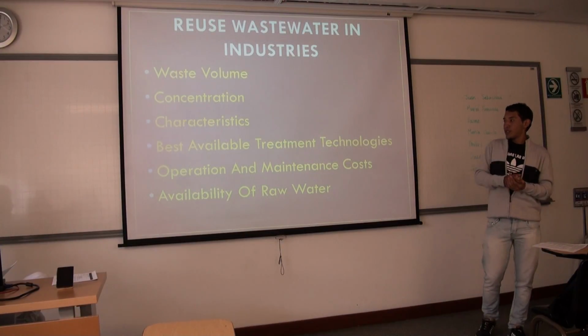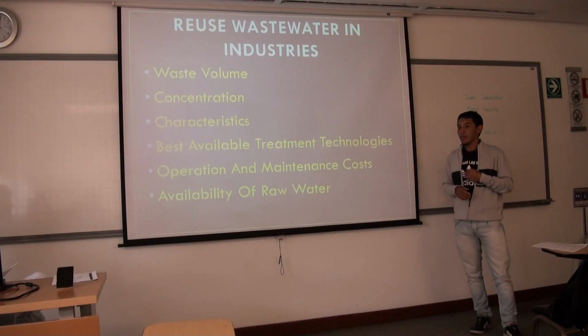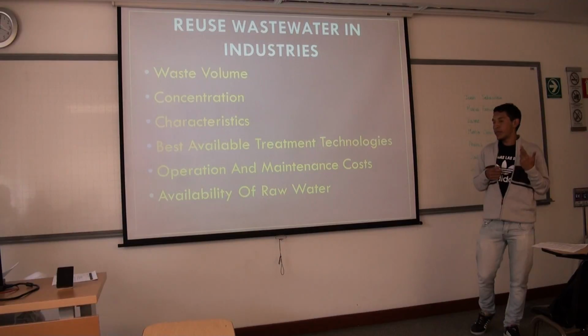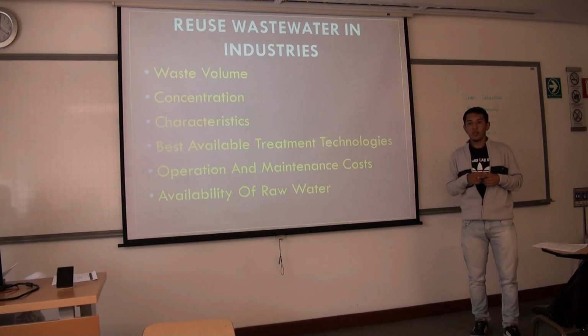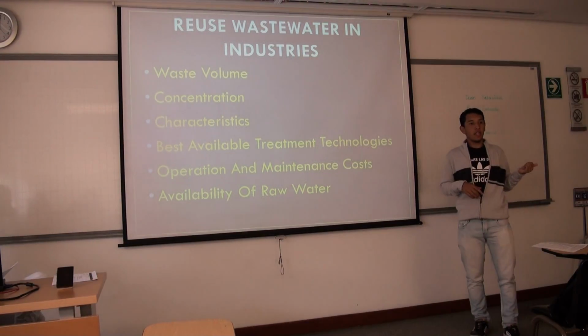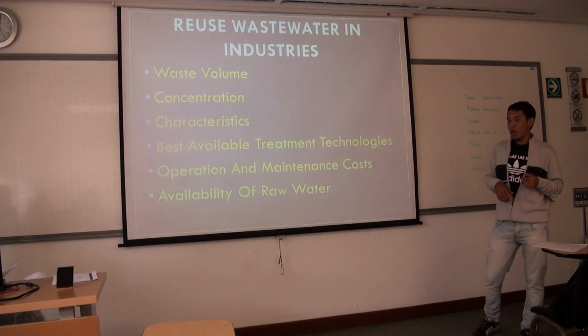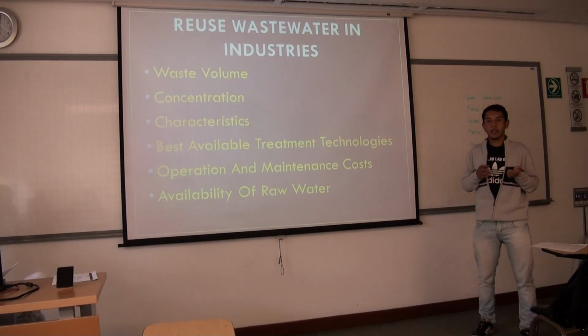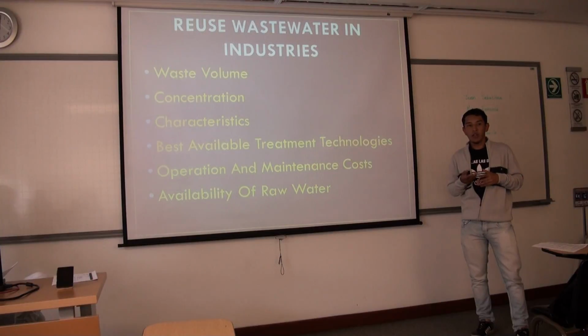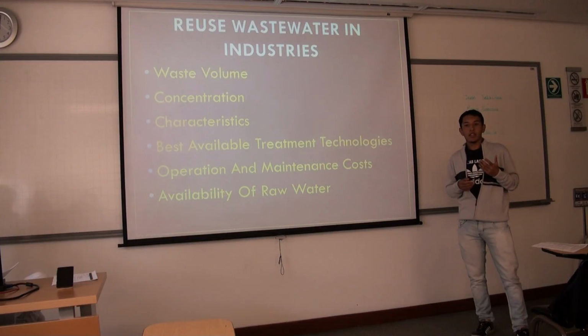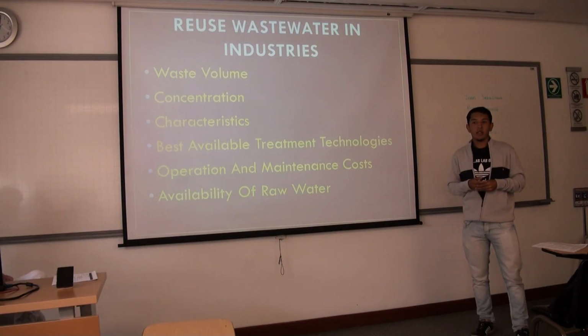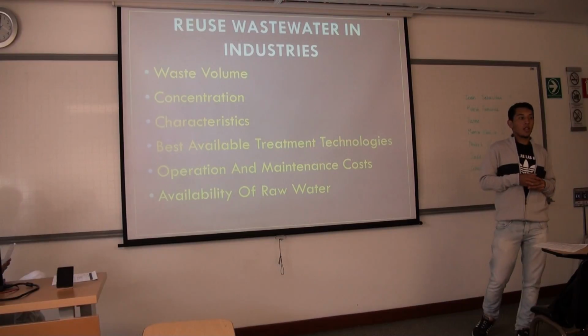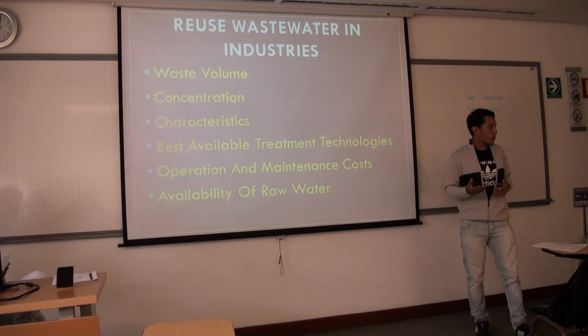And these factors, as you see, give you an idea what is the base available treatment technology that you have to use to clean the water and then reduce it. However, you have to have in mind what are the costs of the operation to apply this treatment, and what is the cost to maintain this treatment, and at the end, what is the raw water that you have near to your industry.